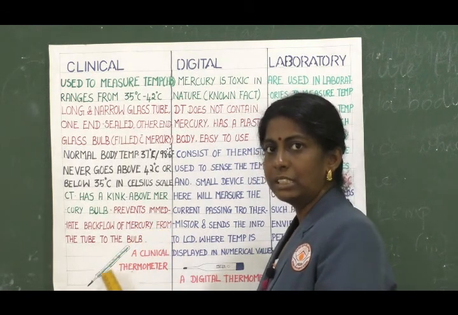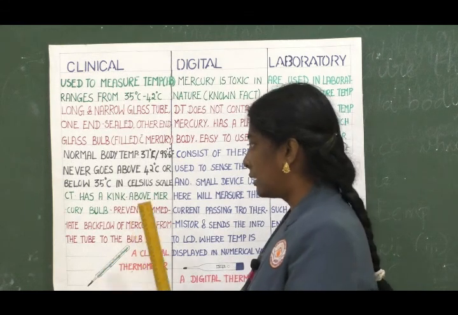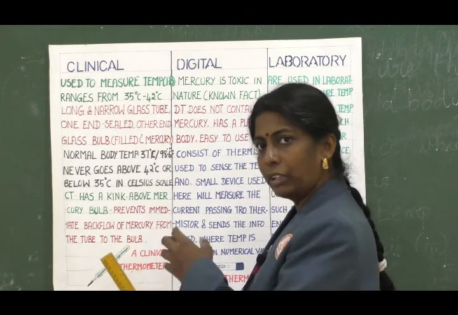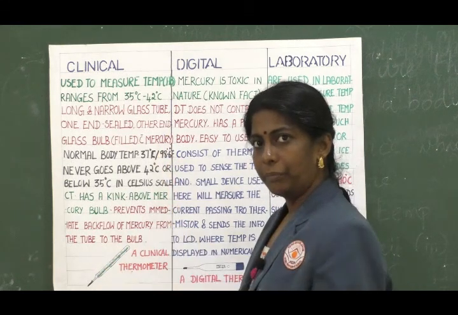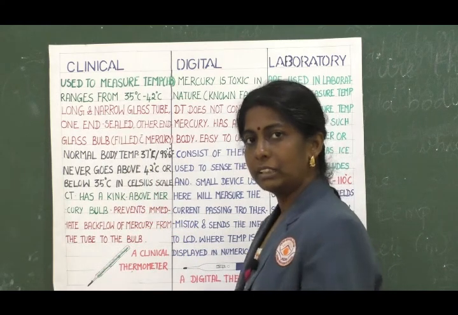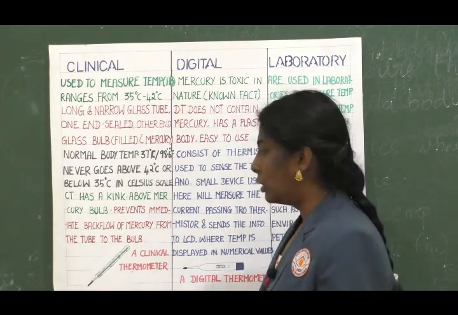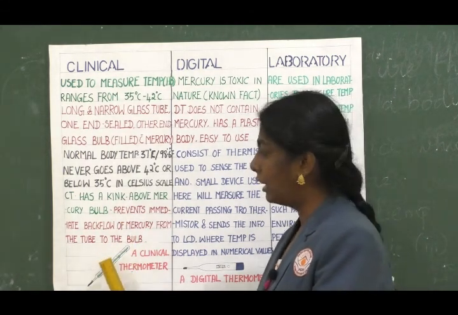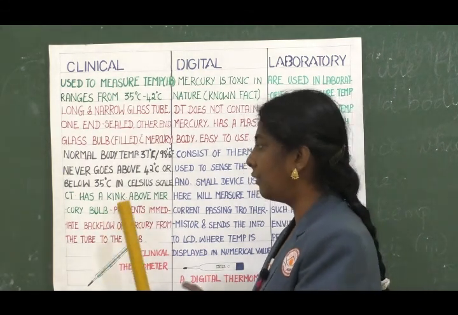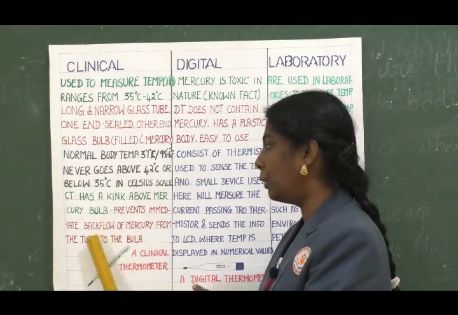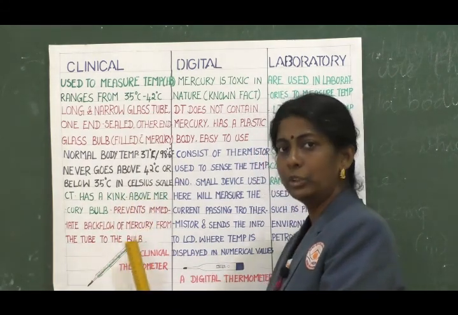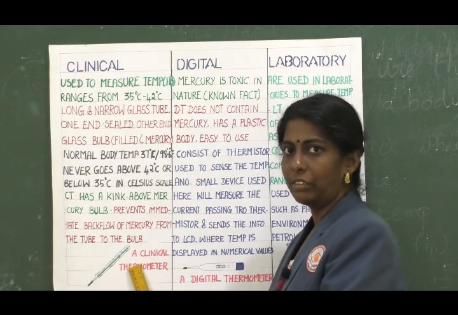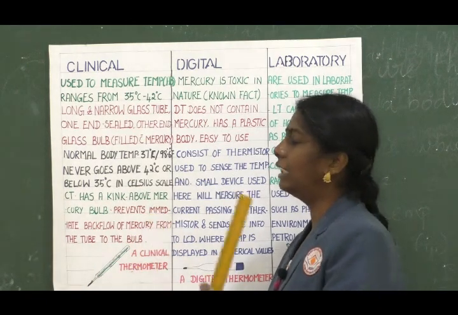So when you are checking with this thermometer, the mercury will rise up and again it will be turned to its original position, right? That is because of this kink. Only if the kink is there will it help to prevent the immediate backflow of mercury from the tube to the bulb. Clear, children? So this is what about clinical thermometer.